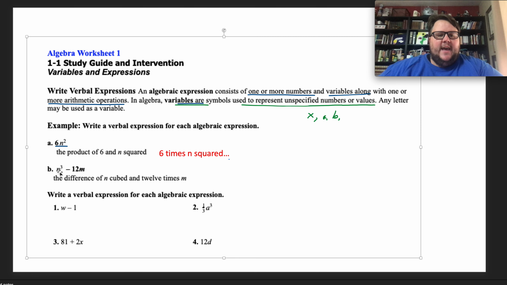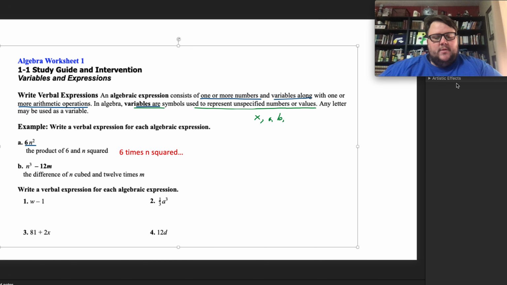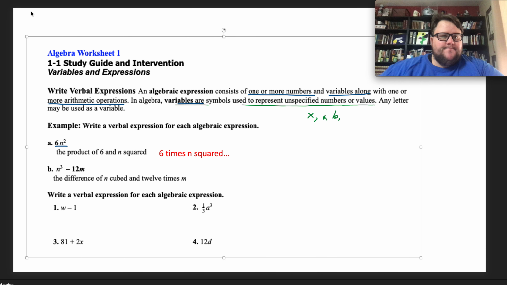Look at this one. I have n cubed minus 12m. So they said the difference of n cubed and 12 times m. That's one way to write it, right? Another way I could have written it. It's not letting me do it. Another way I could have written it. Where are you at?